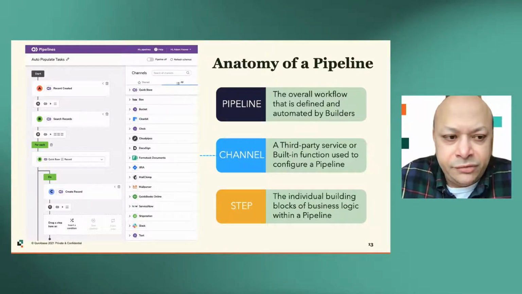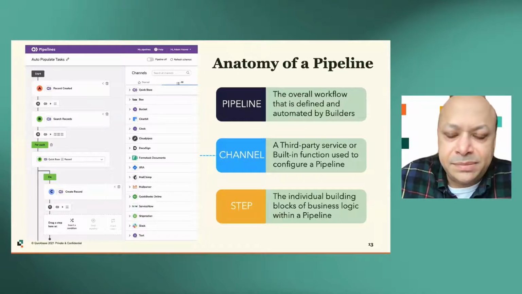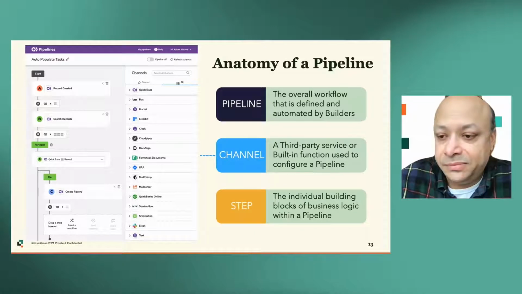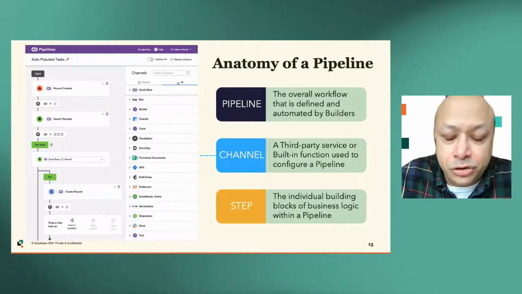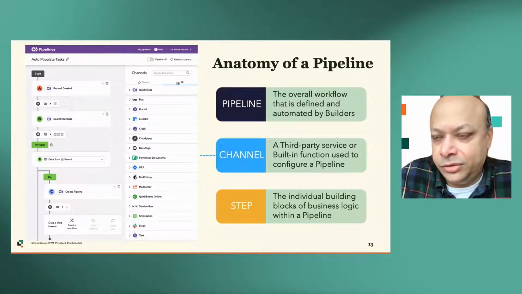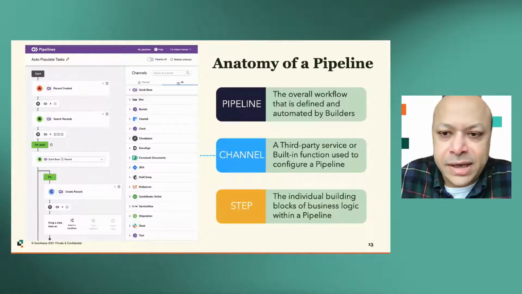Alongside those kinds of events, you can also do something called polling, where you say something like, I want to search for all records that have changed in the past hour in some system, whether it's Quickbase or some third-party system like Salesforce. We consider those triggers as well, so two variants of the same idea.